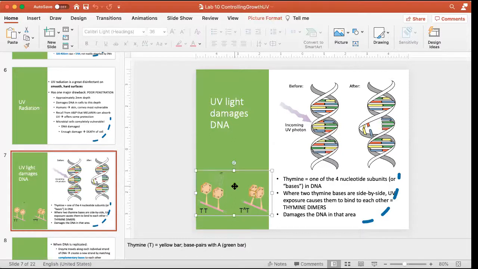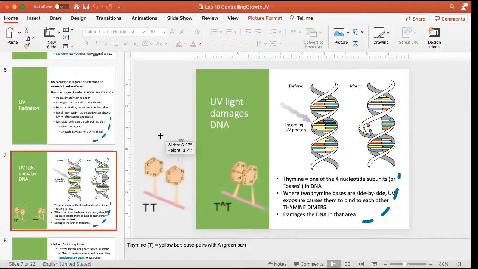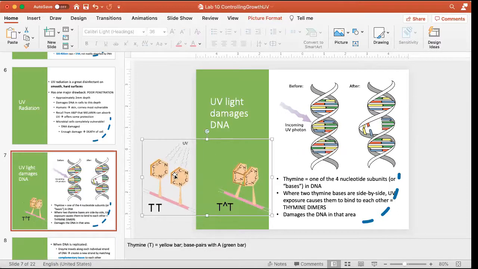There's a second image down here which just shows 2 thymines drawn out side by side. Again, note that they're jutting out perpendicular to this pink strand, which is the backbone of one of the strands of DNA. So both of these thymines are on the same strand, and they're sitting side by side.